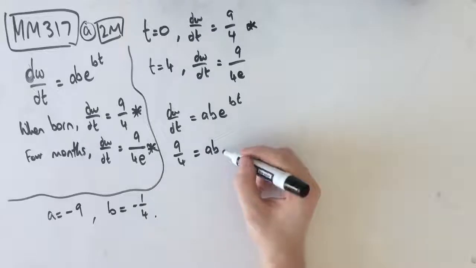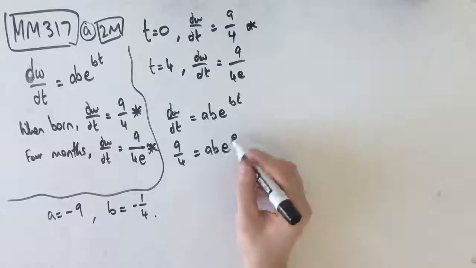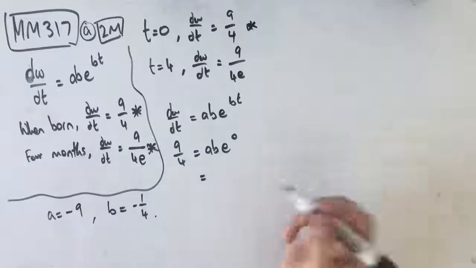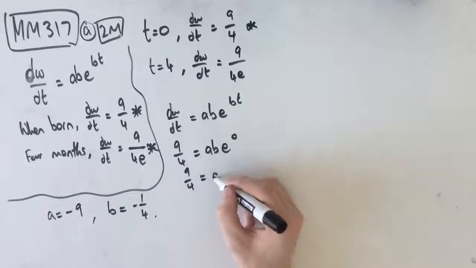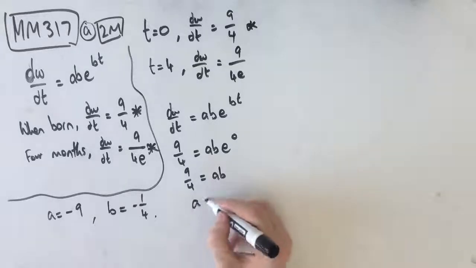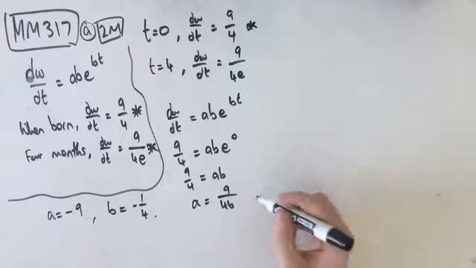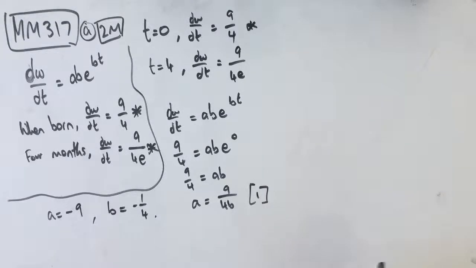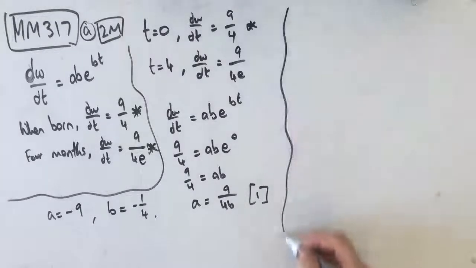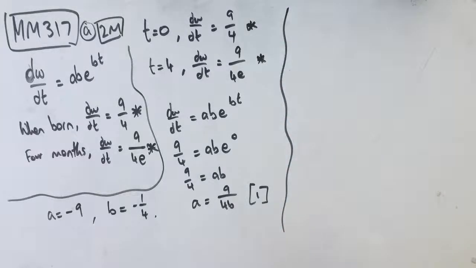So a b e to the power of 0, because b times 0 is just 0. E to the power of 0 is 1, so 9/4 equals ab, which means that a is equal to 9/4b. Cool. So this is our first simultaneous equation. We've got a in terms of b, that's all good. And now we're going to use this other piece of information to find out what b is.